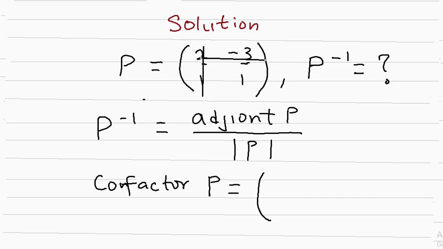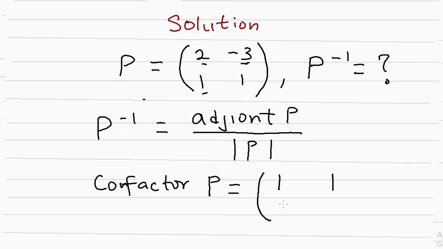That is going to be 1. Later we'll talk about the place value. Then I go to minus 3. The minor of minus 3 is also going to be 1. The minor of 1 here is going to be minus 3.